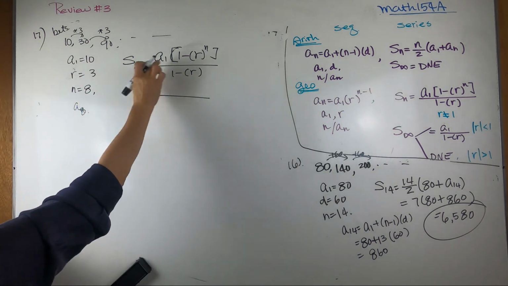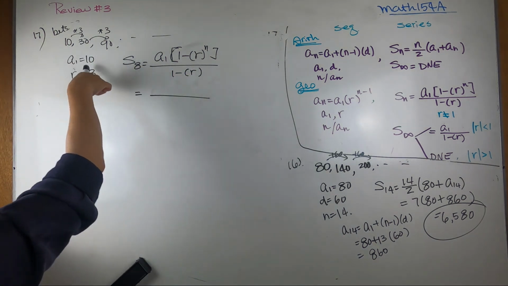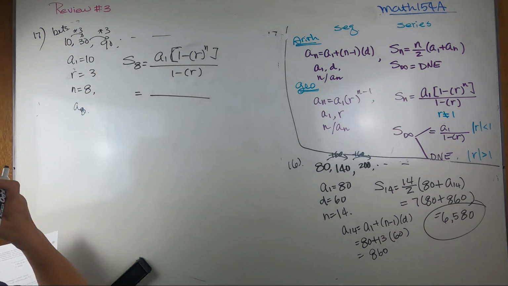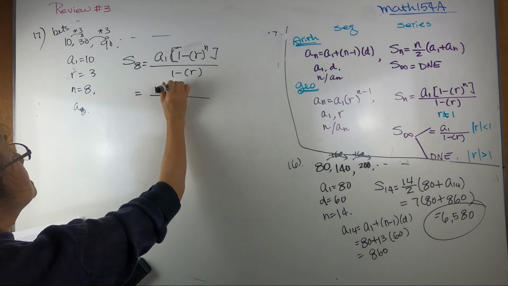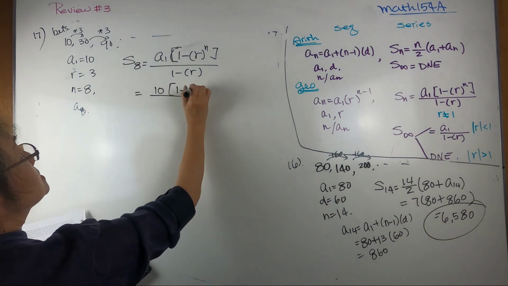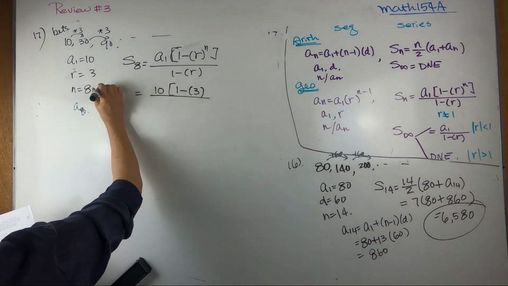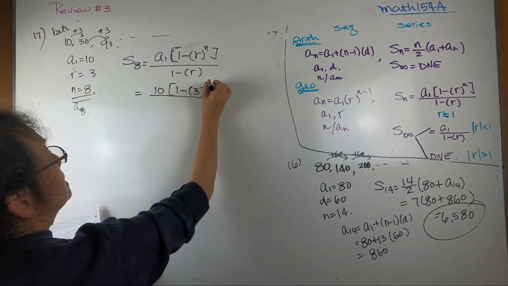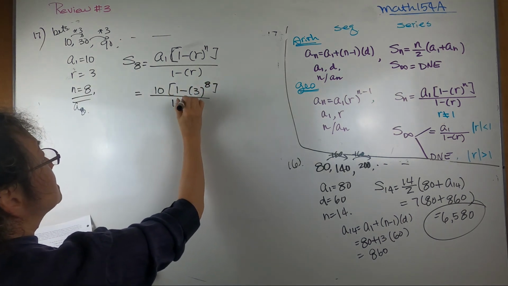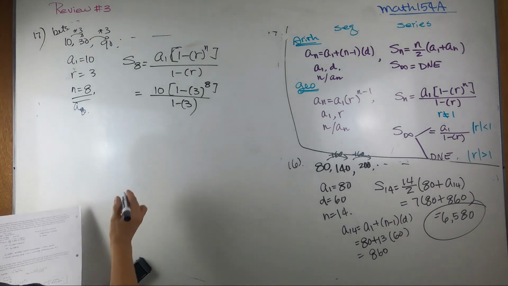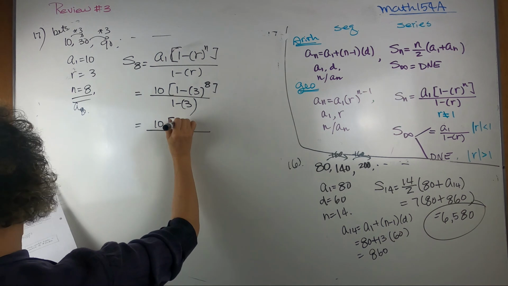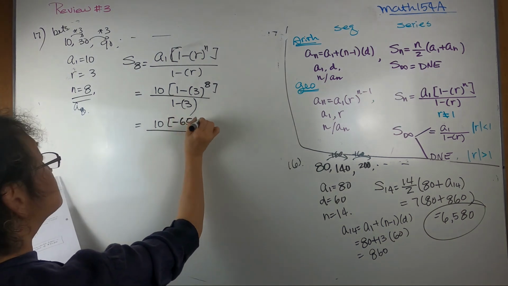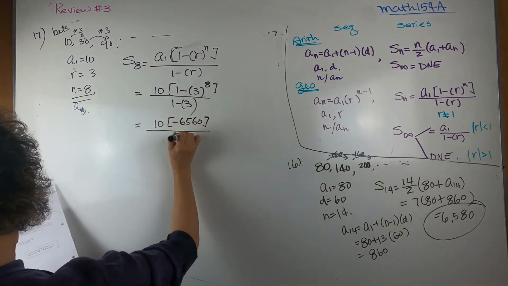Plugging in is easy, but you use which one, then you have to decide the meaning of each symbol, right? A1 is 10. R is what? 3. N is what? 8, right? So 1 minus 3. Is that right? So you should have 10 times negative 6,560 over negative 2.